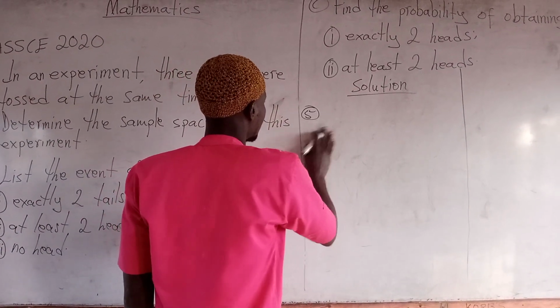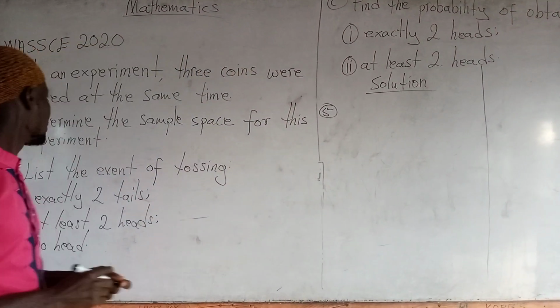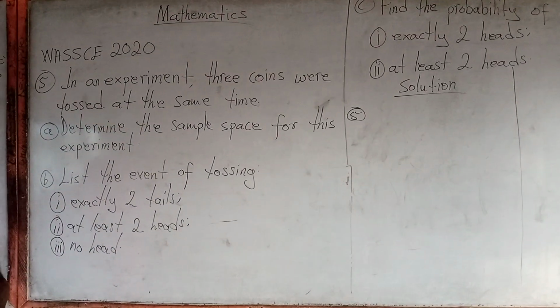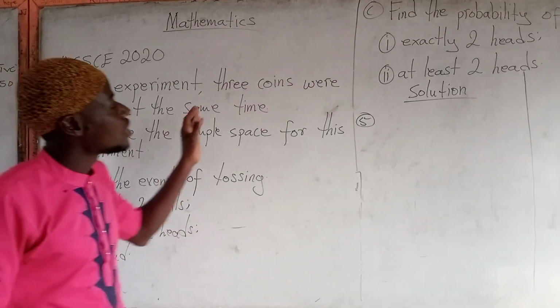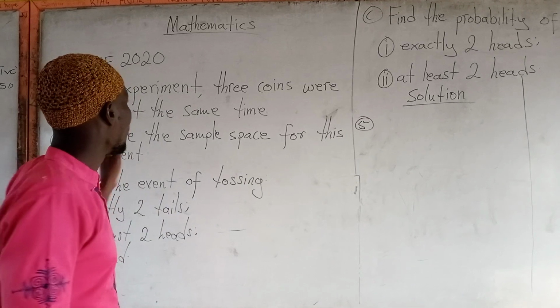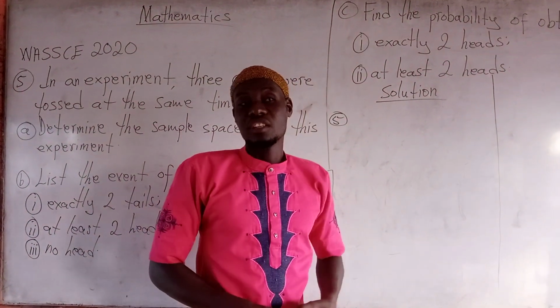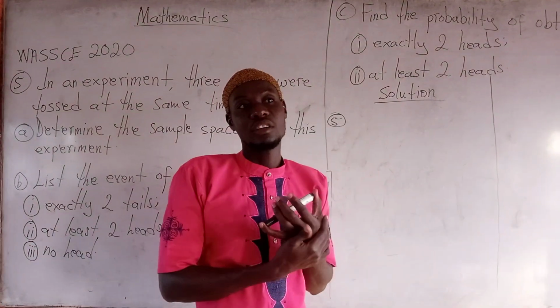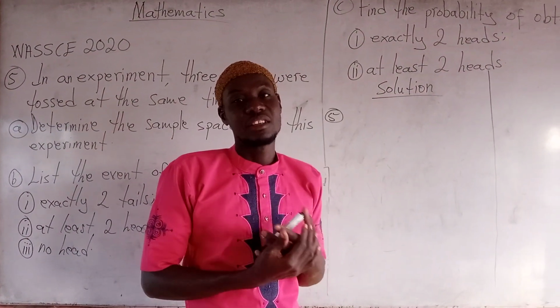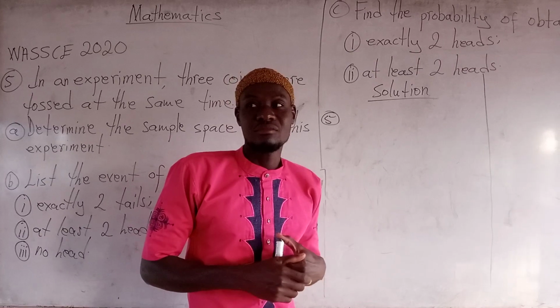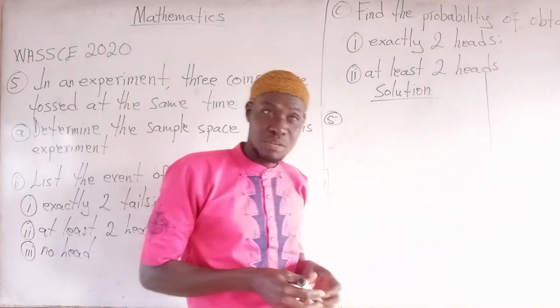So now, solution, let's solve this. To determine the sample space for tossing 3 coins at the same time, first of all, you can use a table or what we call a probability tree, but in this case, I will go directly to use the table.